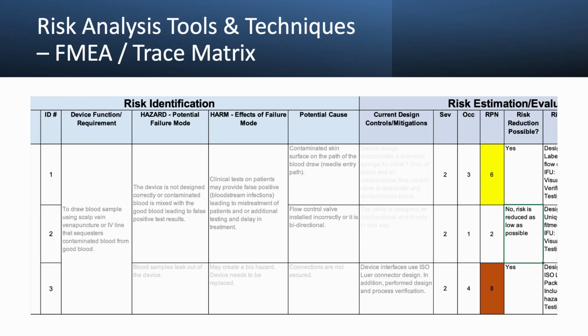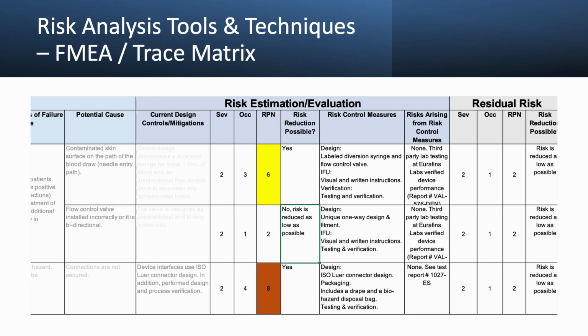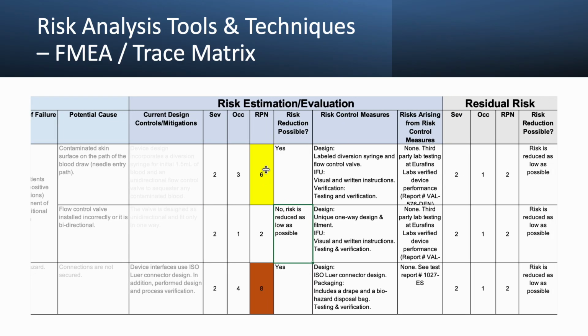Now, as you can see, a couple of them show medium risk and high risk. So we need to reduce that risk further, and need more risk controls. So provide more risk controls, and evidence needs to be there: protocols, reports, analysis, demonstrations, inspections.